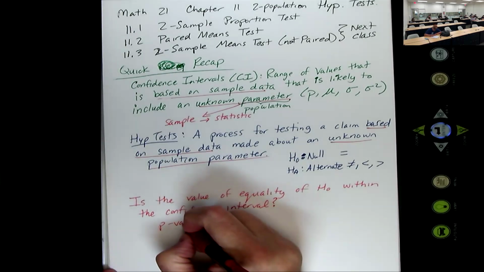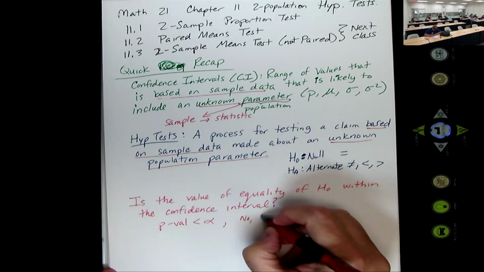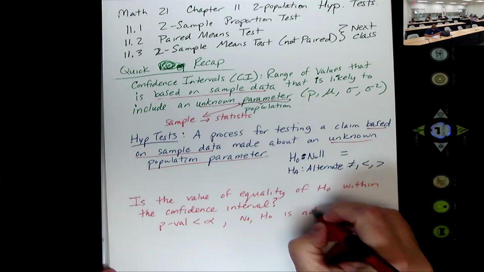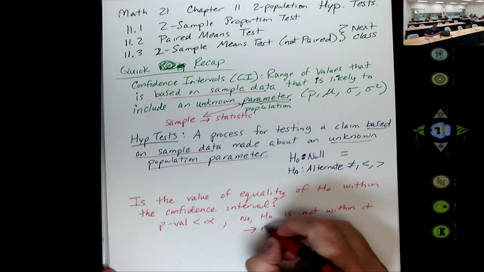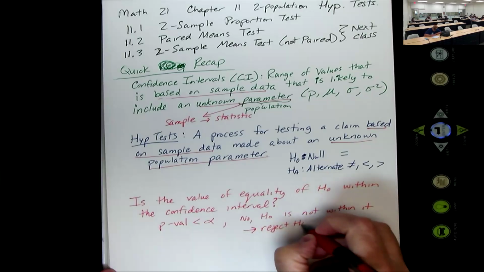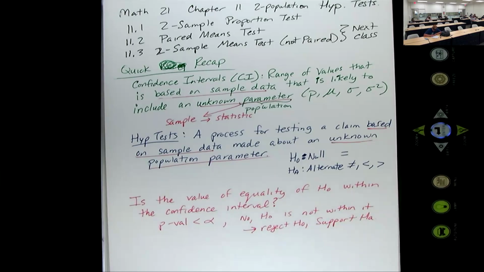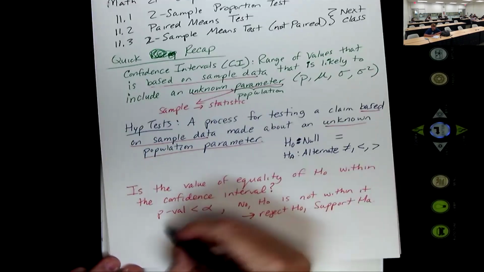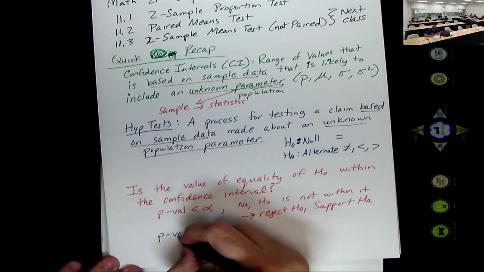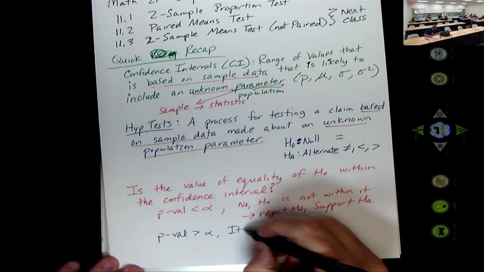If p-value is less than alpha, no, H naught is not within it, which leads us to reject it and support HA. If p-value is greater than alpha, it is within the interval.